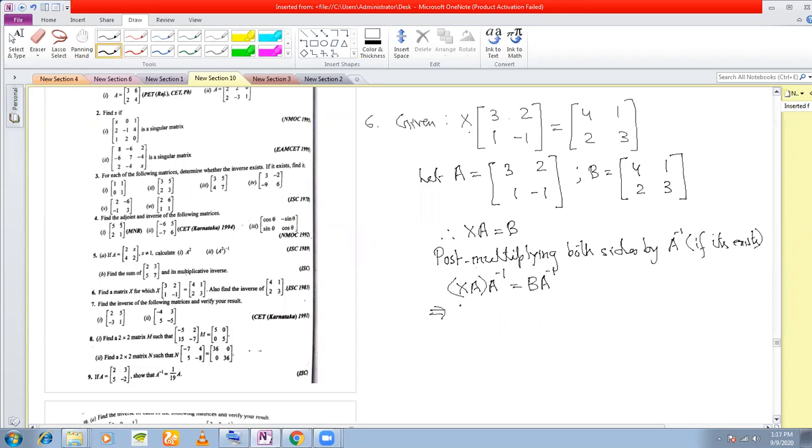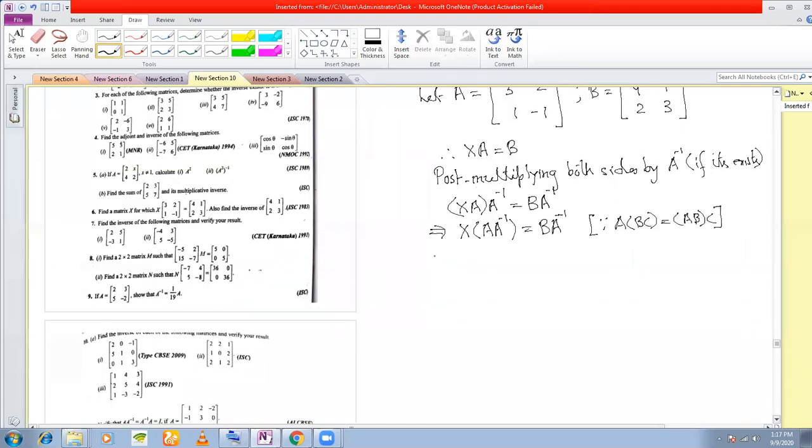I can write it this way: X into A A inverse is equal to B A inverse, because matrix multiplication is associative. A B into C must be equal to A into B C. But what is A into A inverse? A into A inverse is the identity matrix. So X I is equal to B A inverse.